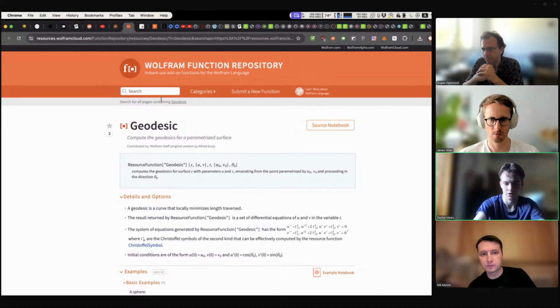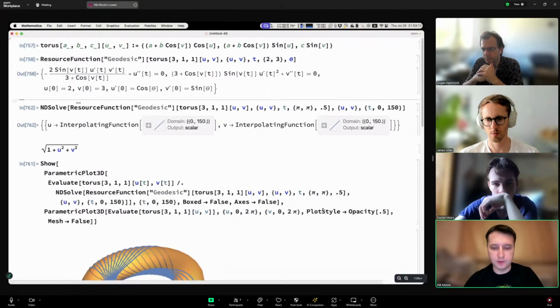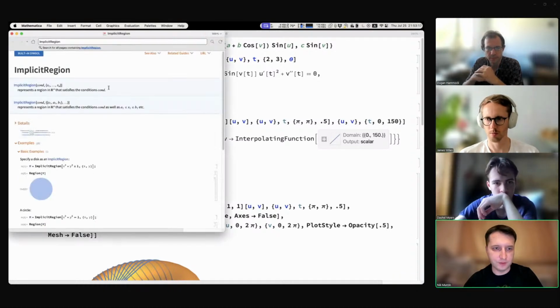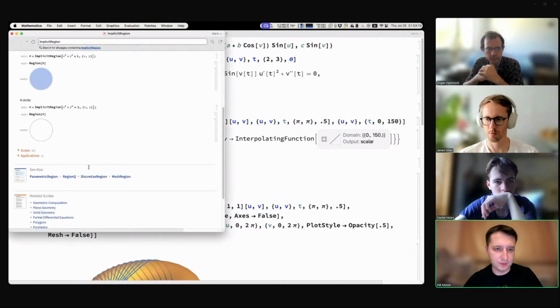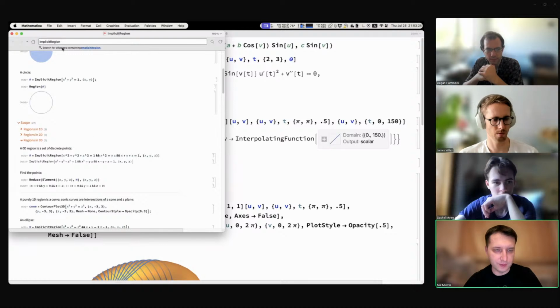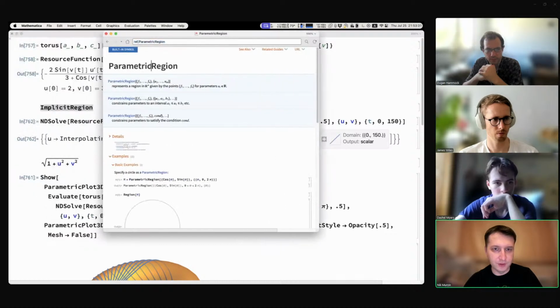Let me check. Well, I know we can do an implicit region. I can't really represent it using an equation though. I think actually our parametric region is fine.